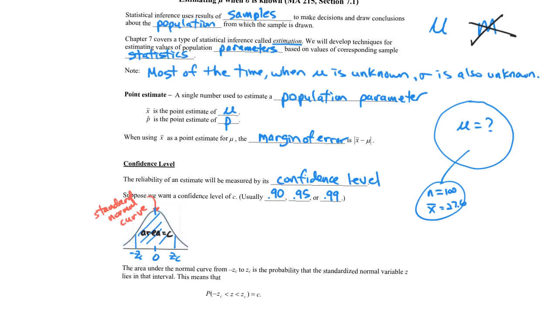So this confidence level, if we point to this, we could say this is confidence level C. And again, C will typically be one of these, but it could be anything. But this is what you typically see. Confidence level C and corresponding critical value z sub c.